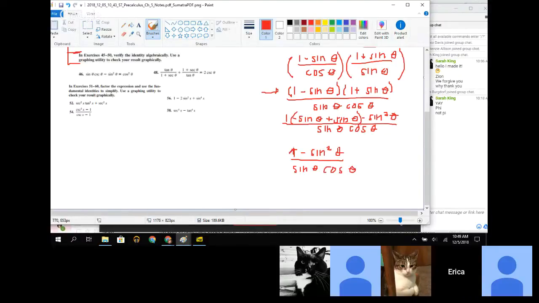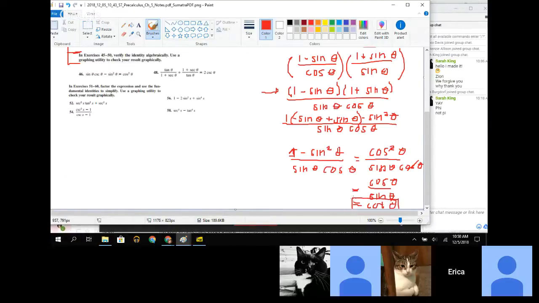Okay, 1 minus the sine squared of theta is the same as the cosine squared of theta, thanks to my Pythagorean identity. So I have cosine squared of theta over the sine of theta cosine of theta, which when I cancel out one of the cosines, I'm left with the cosine of theta over the sine of theta, which is the same as the cotangent of theta.